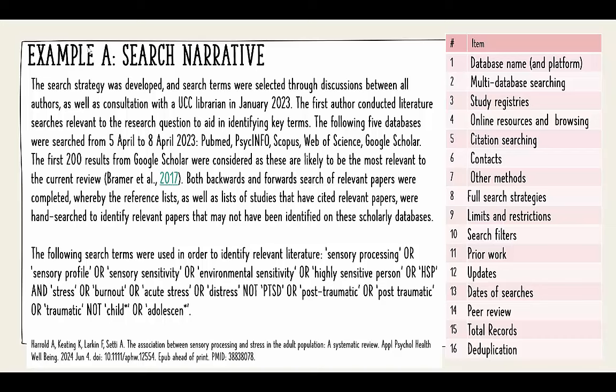Okay, so it doesn't look like they did multi-database searching, or if they did, they didn't tell us. They didn't do search registries. So let's see, what do you think about their description of their Google search? How did they do in talking about that? Yeah, so we may not know.